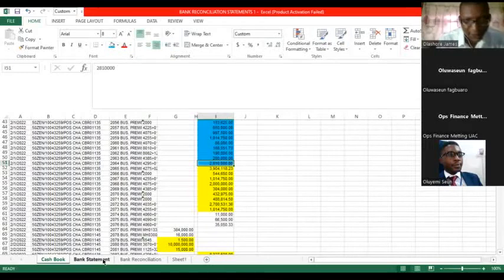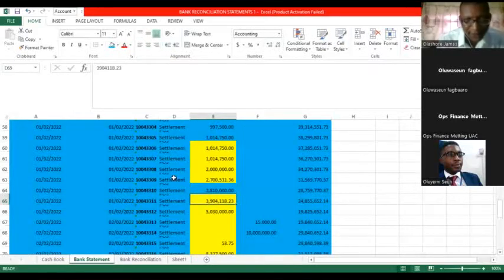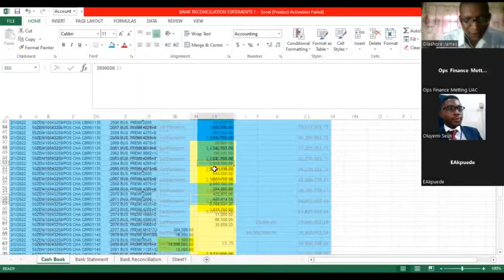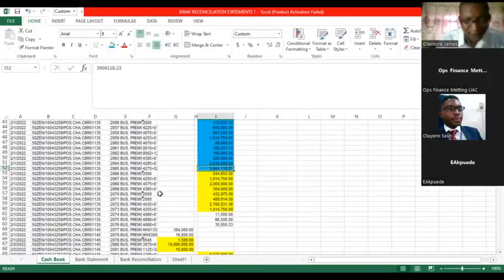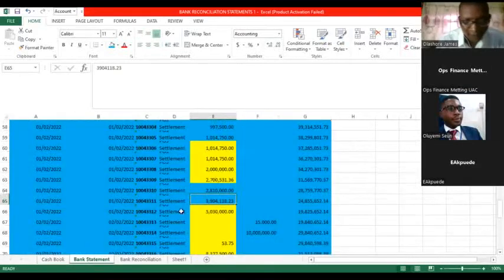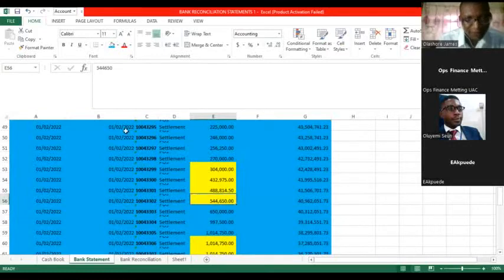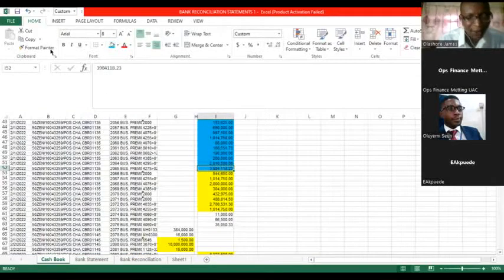Then 390. 390 is here, so I ticked it. Then I also come to cash book, also tick. 544. I have it here, 544650. So I come to cash book and I also tick it.